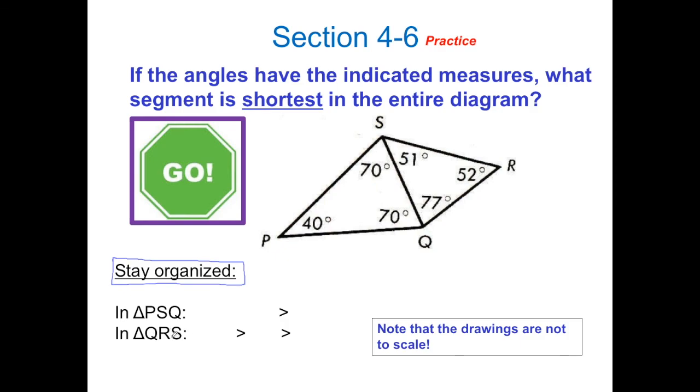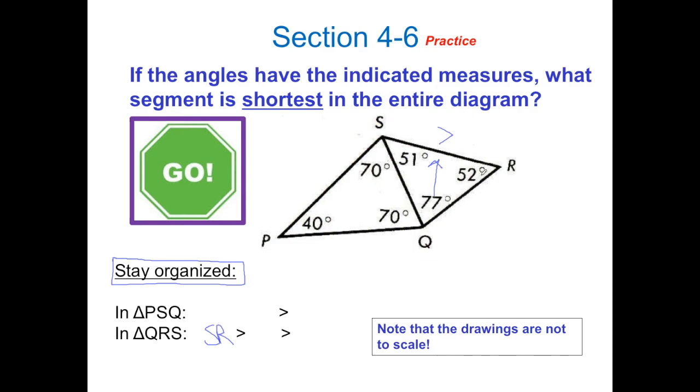I was recommending doing triangle QRS first, just because I noticed 2 greater than symbols, so maybe it might be a little more straightforward. In triangle QRS, what's the longest side? Well, this is a 77-degree angle, the largest angle, and opposite the largest angle is the largest side. So SR is the longest side. That's not going to be the shortest side in the whole diagram.